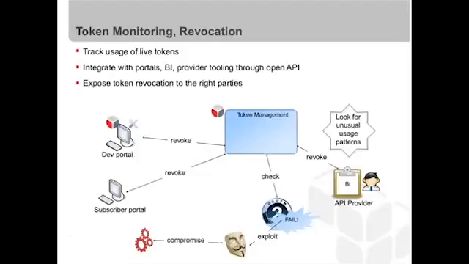They want to be able to go into this developer portal for this API and view all of the OAuth sessions that are owned by this compromised application and revoke all of them, so it makes sense to expose that information through the developer portal to the application providers themselves. So the token management has to provide this information to potentially a lot of sources. This type of integration is best served by itself using APIs, open APIs, of course.